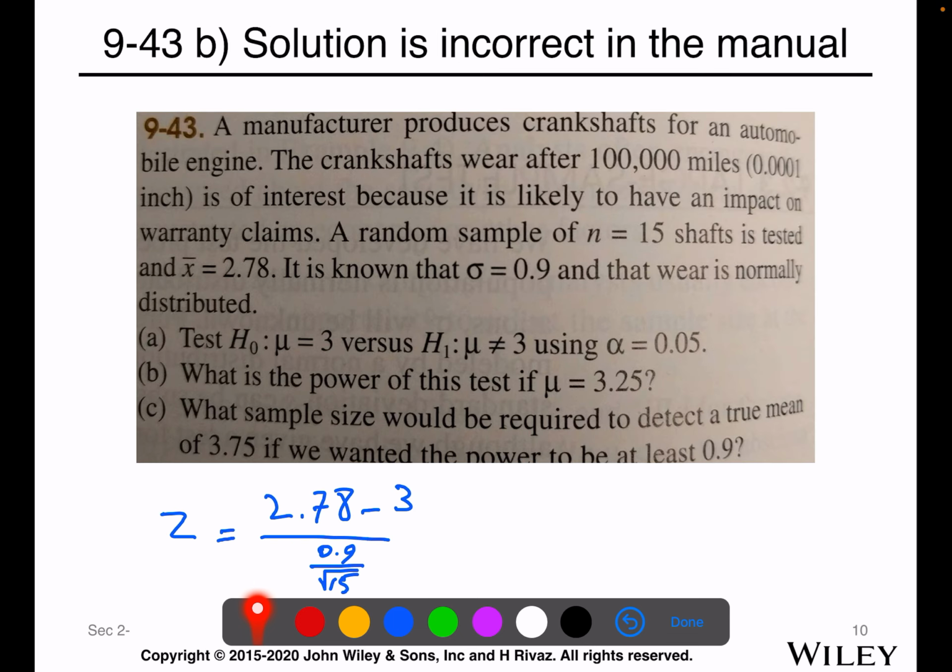There's the next part. So let's read the question again. The next part says, what's the power of the test if the correct mu is 3.25? So basically what's going on here is that we are assuming that the correct mean is 3.25, and the null hypothesis says that mu is 3.